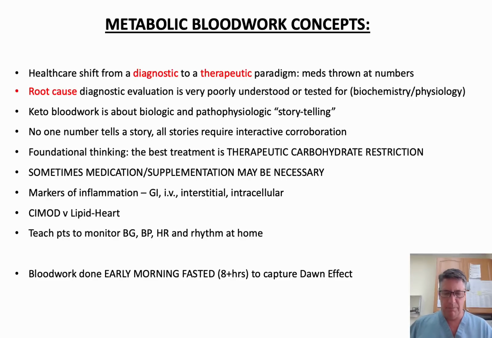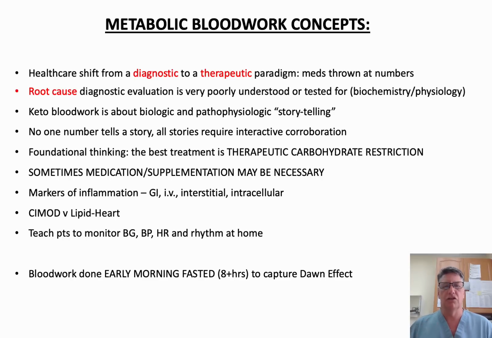One of the other keys about metabolic management is that we need to understand inflammation, and inflammation occurs in the human body due to sugar in 4 different spaces: in the gastrointestinal tract, irritable bowel, gastroesophageal reflux, inflammatory bowel. Intravenously, we call that process diabetes or insulin resistance.